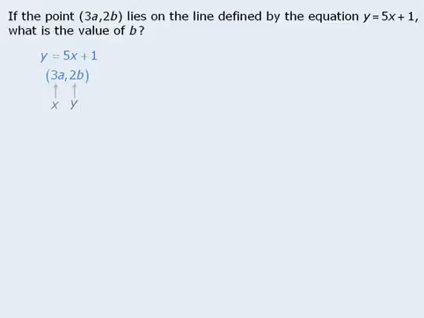If this point lies on the line, then the coordinates of this point must satisfy the equation of the line. In other words, we can replace y with 2b and replace x with 3a to get the following equation, which we can rewrite as 2b equals 15a plus 1. Now the target question asks us to find the value of b, so we'll write this to remind us of that.